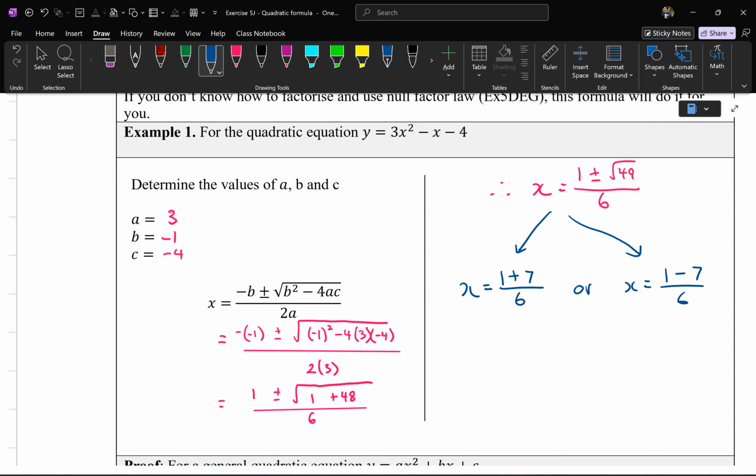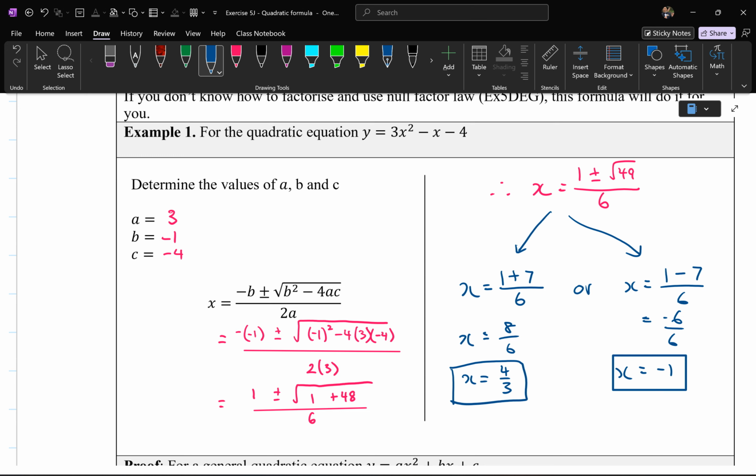You get either a positive answer or negative answer, and then here you get 2 very distinct answers. It's either 8 on 6, which is the same thing as saying 4 on 3, or 1 take away 7 is -6. -6 on 6 is -1.